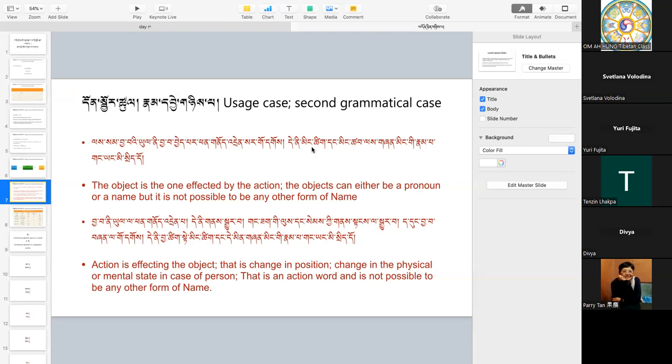And mingsik is the name with the lowercase n, which refers to a name of a phenomenon. So therefore, it can either be a name or a pronoun. But it cannot be any other form of name, which is the Sikh terminology. It cannot be any other form of terminology like the action word, the adjective. It cannot be an action word or an adjective at all.